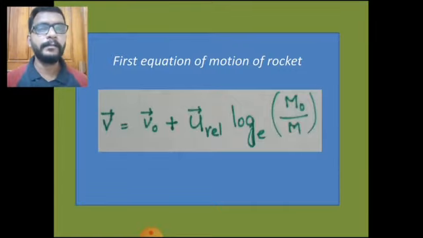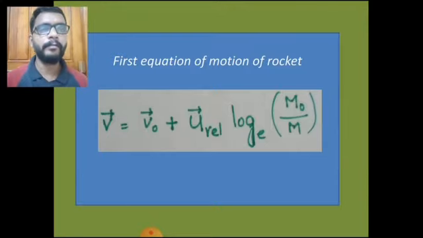In that equation we have the terms v bar equal to v naught bar plus u relative log of m naught by m. What is v bar? Velocity of rocket, where v naught bar is the initial velocity of the rocket, and u relative means relative velocity. It is nothing but u relative is equal to u minus v, where u is the velocity of gases and v is the velocity of the rocket.